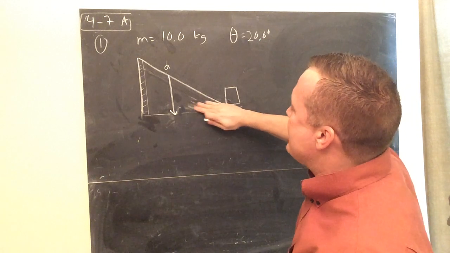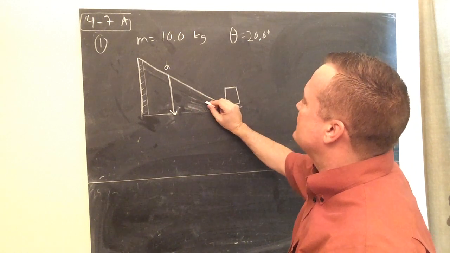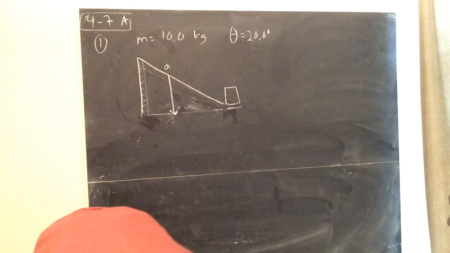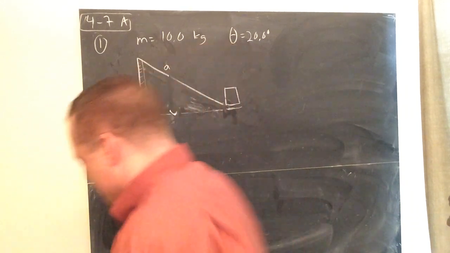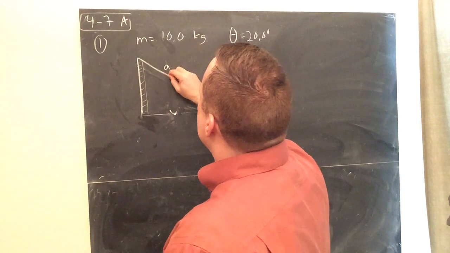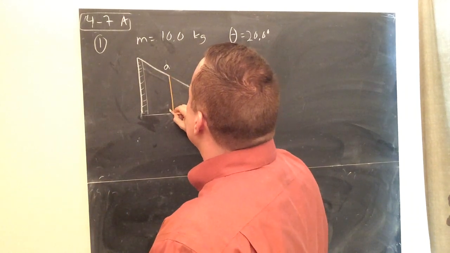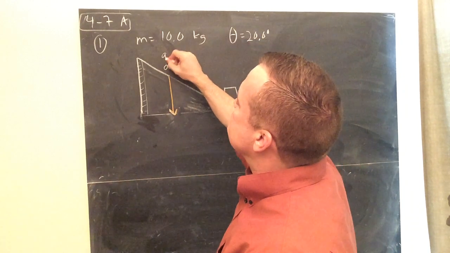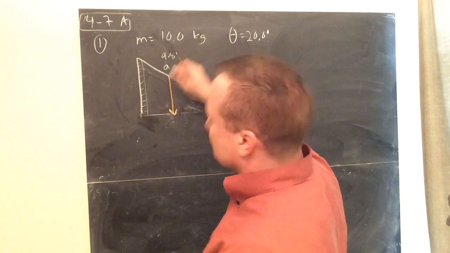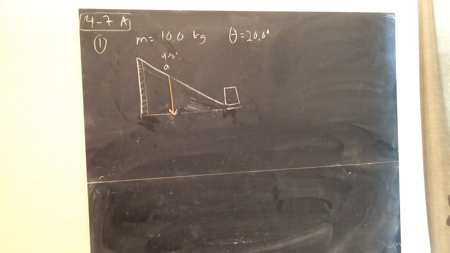I'm going to draw A straight down. This is 20 degrees. I want to use another color because this is going to be a little confusing. Just watch what I'm going to do. In a moment, I'm going to draw another picture, but I'm just going to show you something here. We know that the acceleration of gravity is 9.81 meters per second squared.